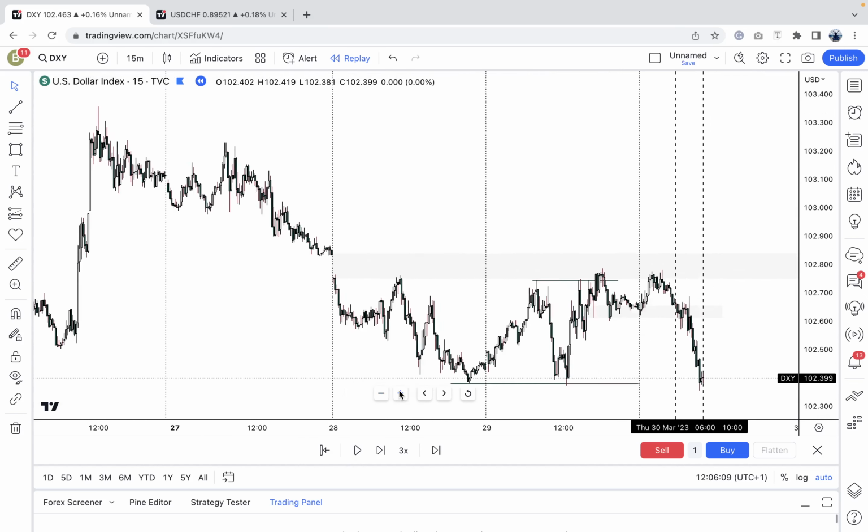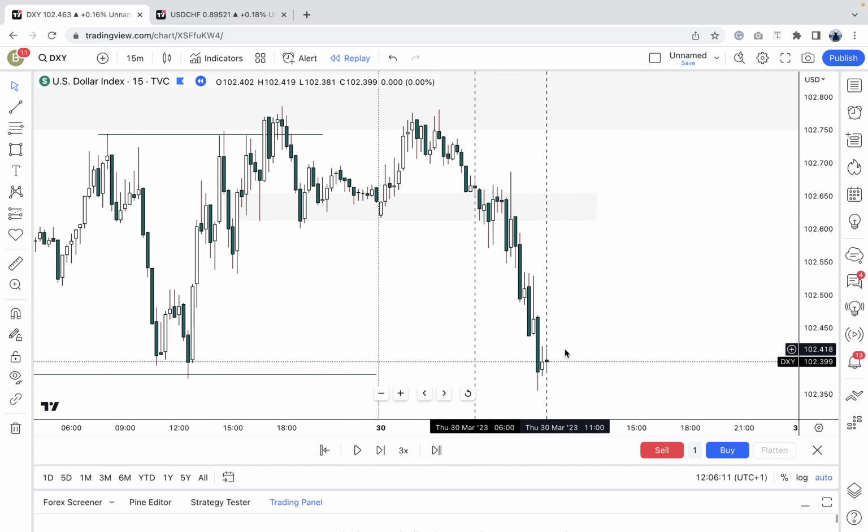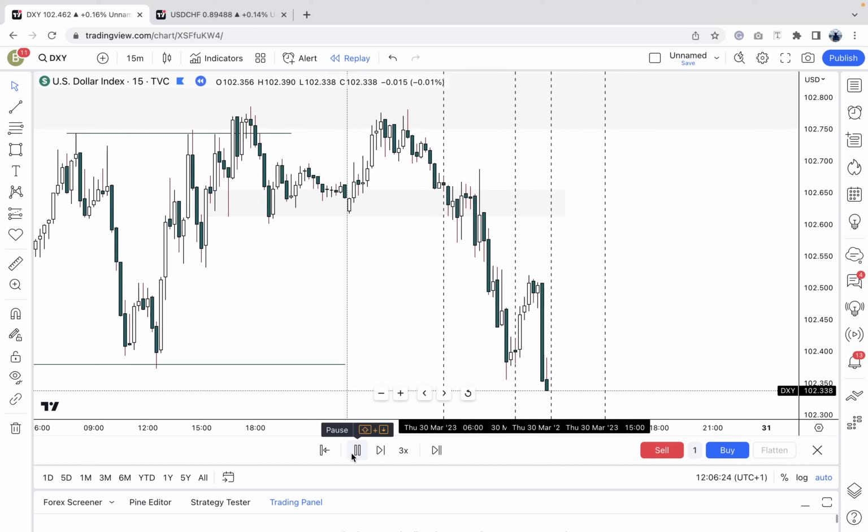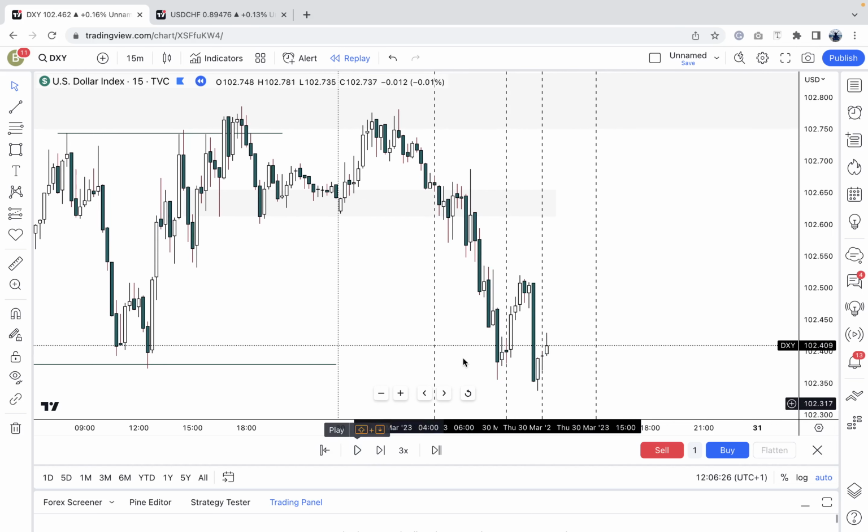So we would anticipate that heading into New York session, we should at least see that liquidity being run. And let's see what happens heading into New York session. All right, so the market trades up into the balanced price range here.